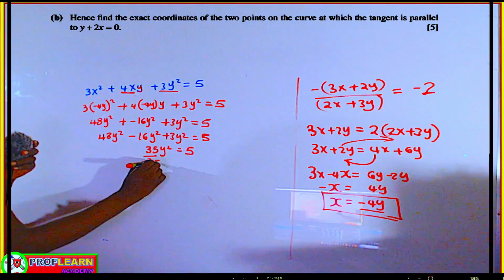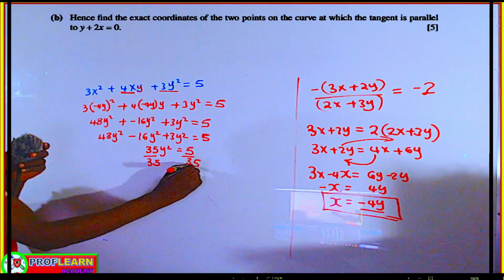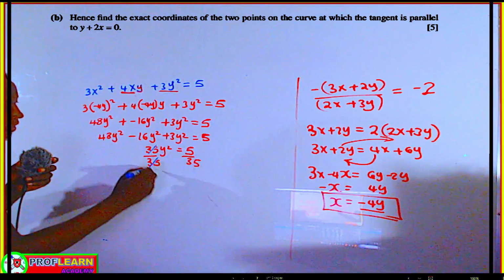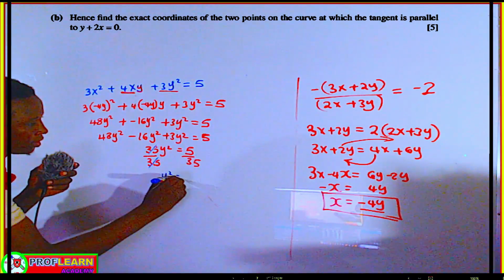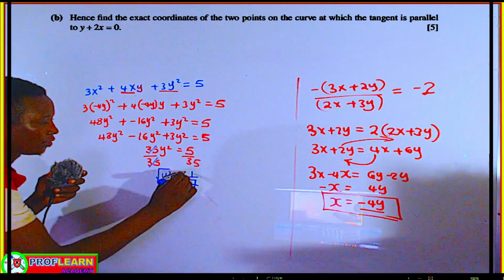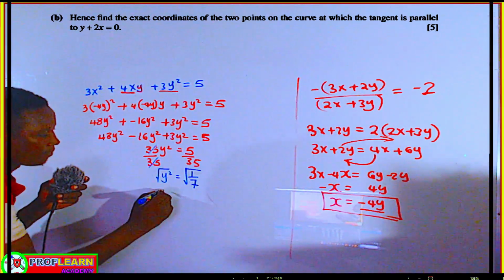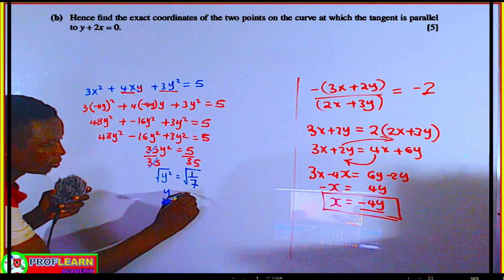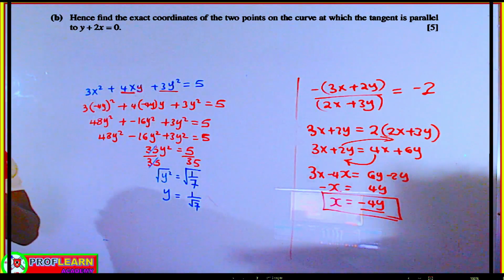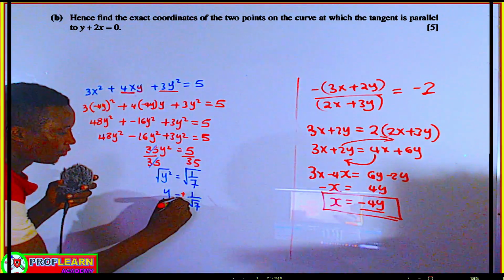Divide by 35 here, divide by 35 at this given point. We are going to remain with y squared equals 1 over 7. To get y, we find the square root both sides, and we shall have y equal to 1 over root 7. But remember, when you find a square root of a number, you actually have two answers.